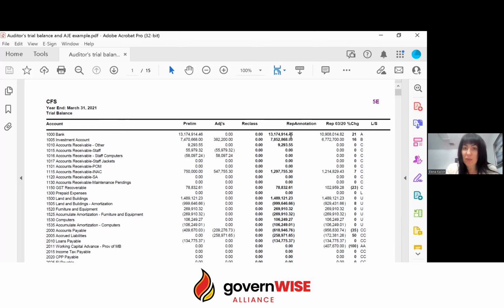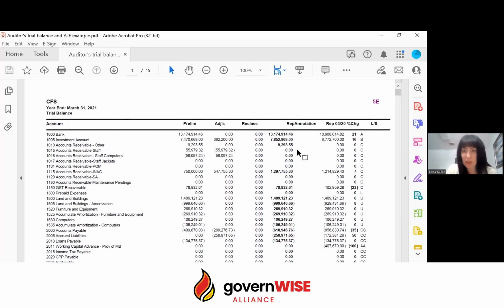So these numbers in the fourth column, in the rep column, this is what we should have in our accounting software for 2021, for that audited year, after we've posted audit adjustments. Okay, now if we follow the process, if once we send the numbers to the auditors, nobody made any entries to that year, then once we post the auditors' adjustments, we will agree, right, to their final numbers.